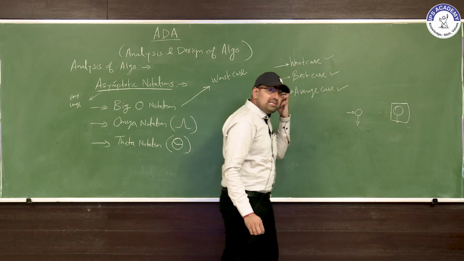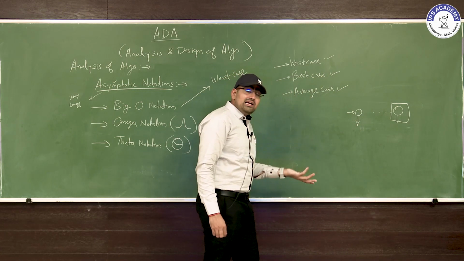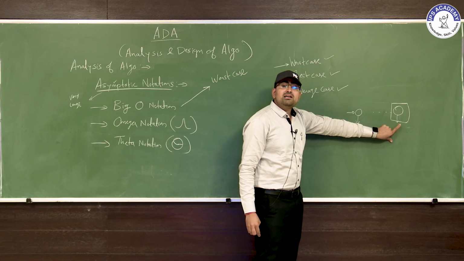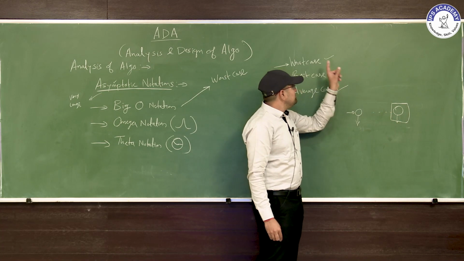So if I want to give the guarantee that I would get it in that time, then I would give you the time of the last place, that is the worst case.